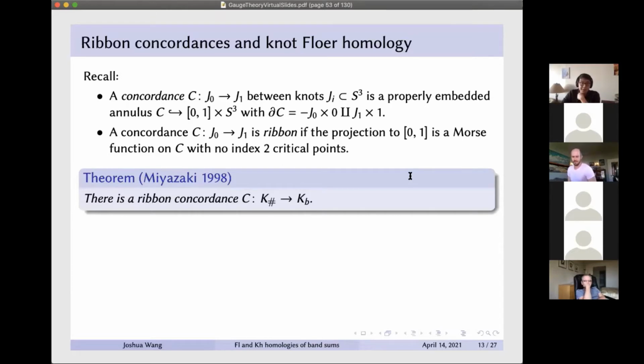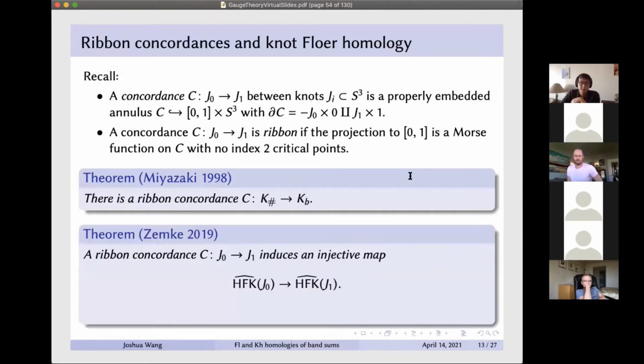The way we'll leverage this ribbon concordance is through the following result of Ian Zemke's. First of all, knot Floer homology is functorial, so a concordance will induce a grading preserving map. Ian Zemke shows that if the concordance is ribbon, then this map is injective.